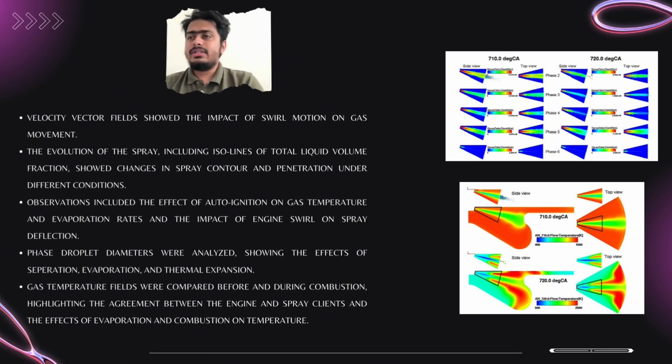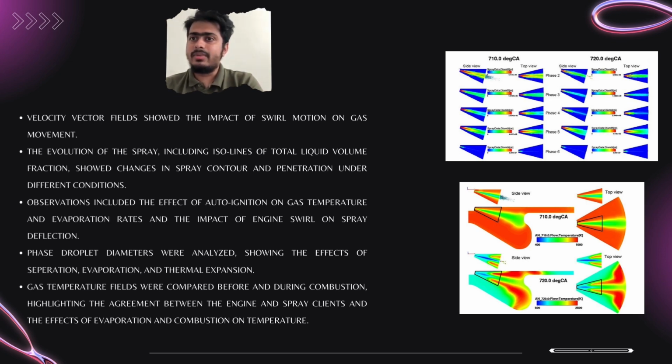In this case study is the combination of Eulerian and Lagrangian methods. As you can see from here, the velocity field shows the impact of shield motion on gas movement. The evolution of the spray, including iso-lines of total liquid volume fraction, showed changes in the spray contours and penetration under different conditions. Observations included the effect of autoignition on gas temperature and evaporation rate, and the impact of engine fuel on spray deflection.